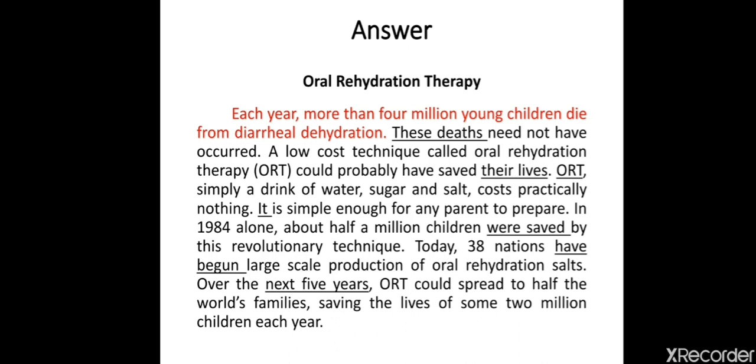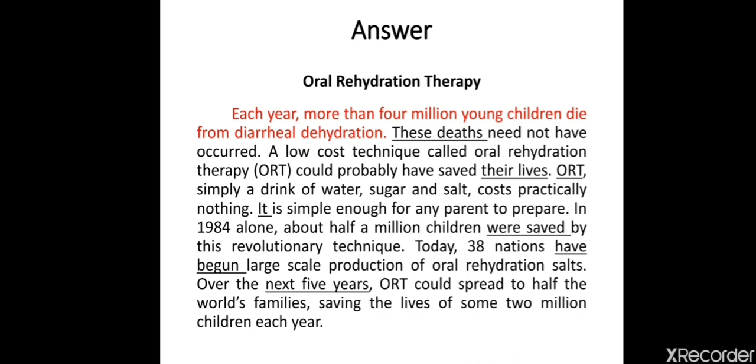ORT is simply a drink of water, sugar and salt, and costs practically nothing. In the third sentence, we talked about ORT, and in the fourth, without explaining what ORT is, we should not talk about other things. So we discuss ORT. That will be the fourth sentence. Then, it is simple enough for any parent to prepare.